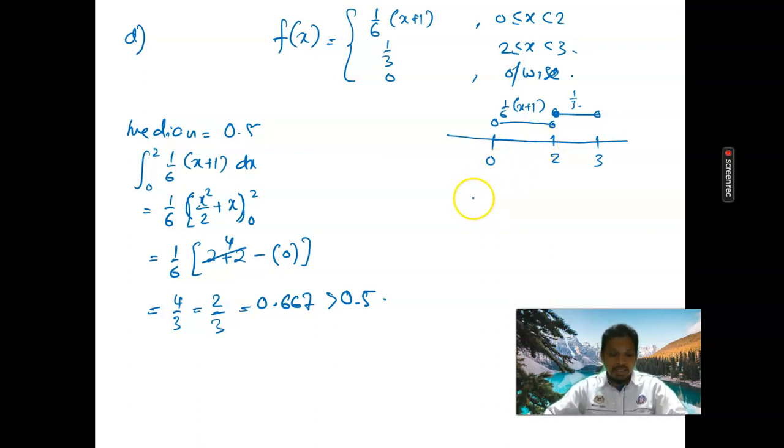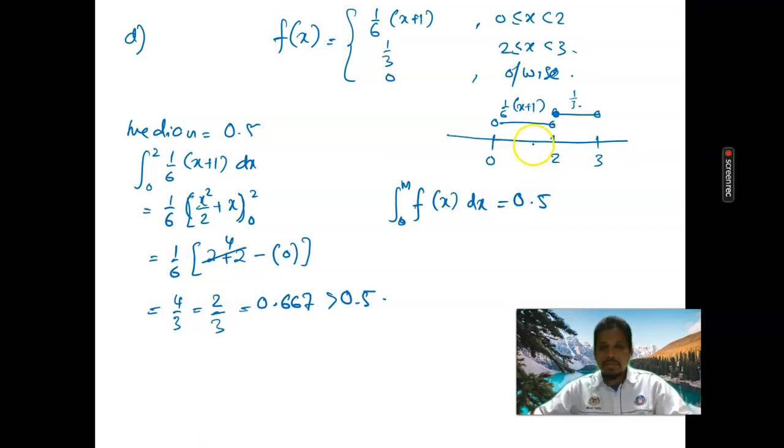Okay, so in this case we are going to find out the integral from 0 until m of the function f(x) dx equal to 0.5. So from 0 until somewhere around here, this one will give you the domain, where we call the median, is 0.5.